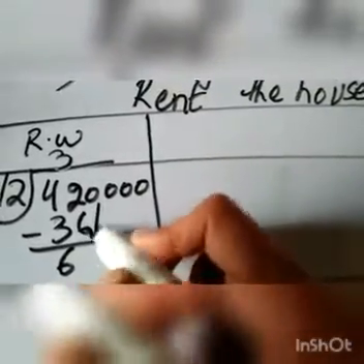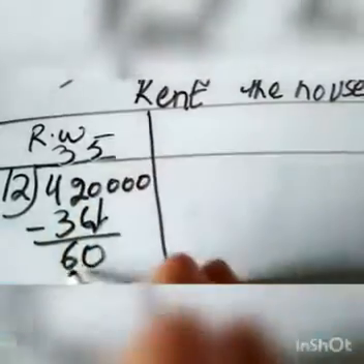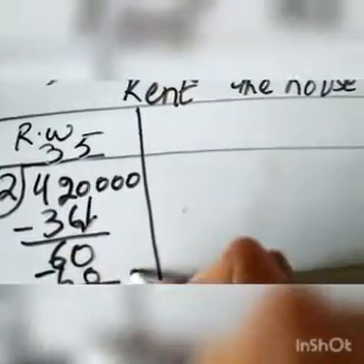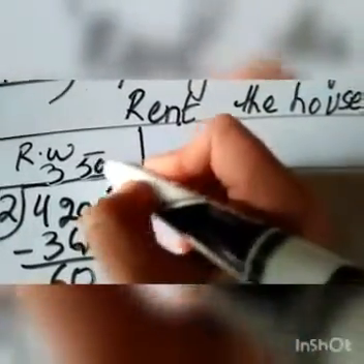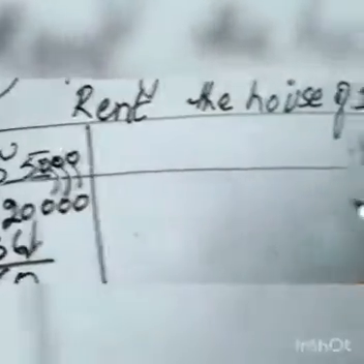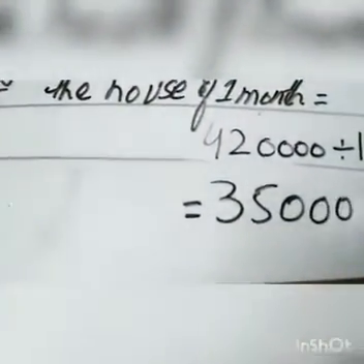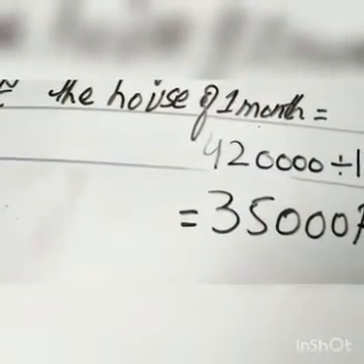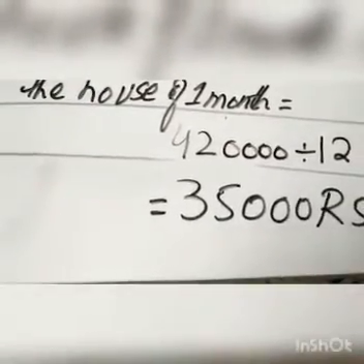Bring down 0 to make 60. 12 5 times is equal to 60. Okay. Subtract 60 from 60, that is equal to 0. So the 3 zeros go up to the quotient. So the answer is 35,000 rupees. Okay. The rent of 1 month is equal to 35,000 rupees.